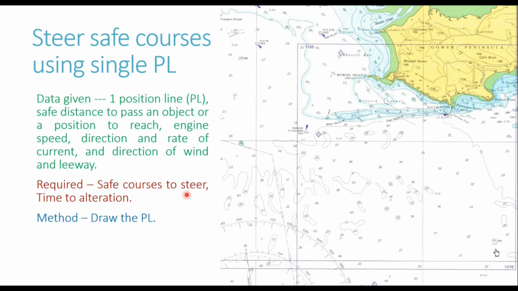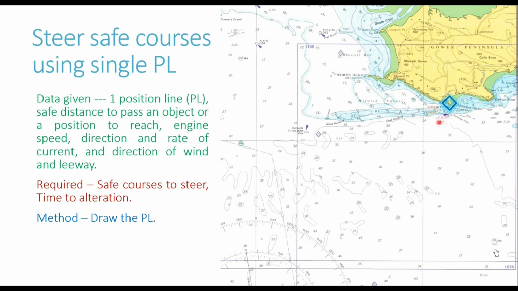Let's see the method now, step by step. How do we solve this kind of a question? The first thing which we need to do is, the position line which is given to us, we will first draw that position line on the chart. Now, let's assume they have given us the bearing of a certain radar conspicuous object here.